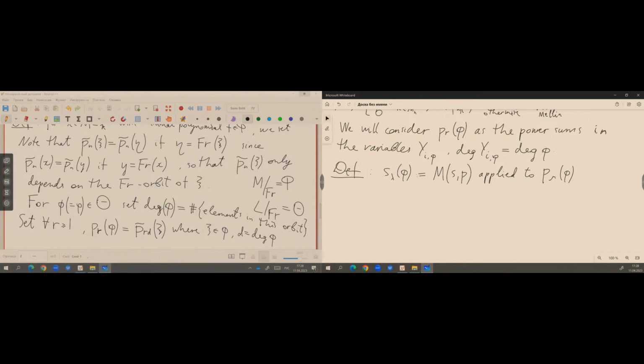Okay, and given a colored partition lambda from this set of Frobenius orbits and characters, we set the total size of lambda to be the sum over all orbits of the degree of an orbit times the size of the corresponding partition.